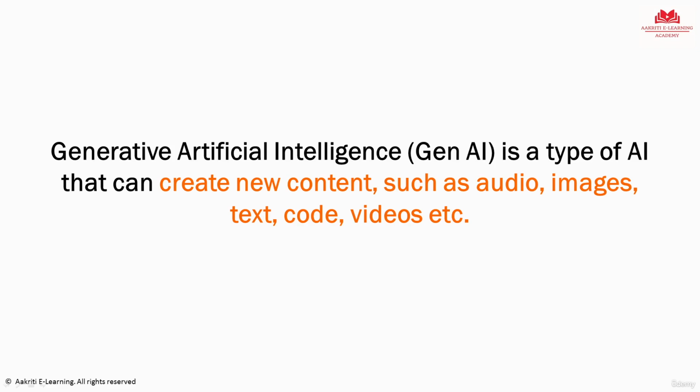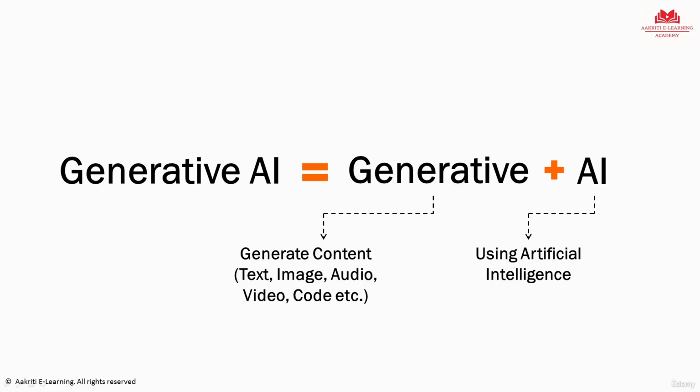The conventional AI systems that I mentioned a little while back, they are used to make predictions on data, they are used to categorize the data, they are used to find the sentiment of a text, and that is mostly analysis or prediction. In generative AI, we are talking about generating new content. So again, to recap, what generative AI is: you are generating new content using artificial intelligence capabilities.